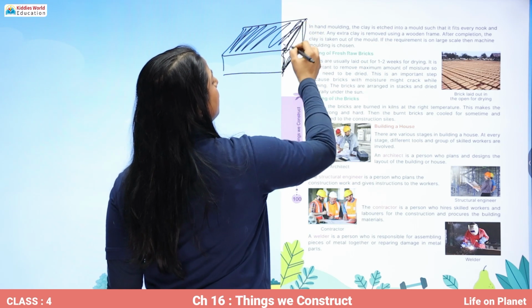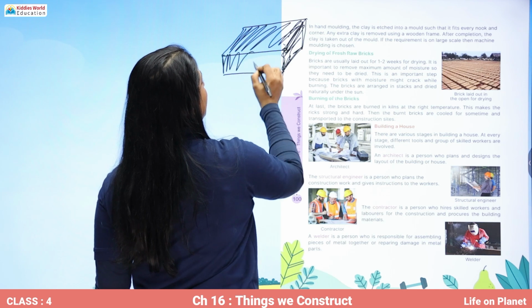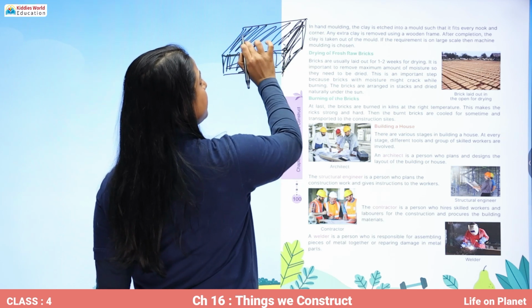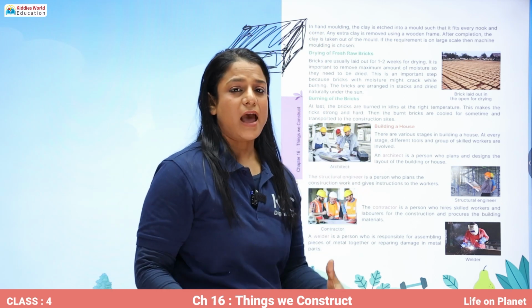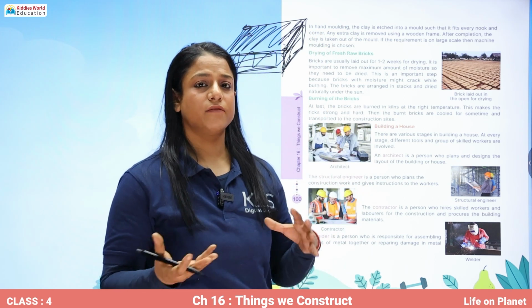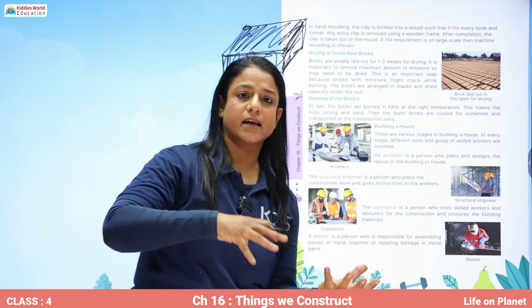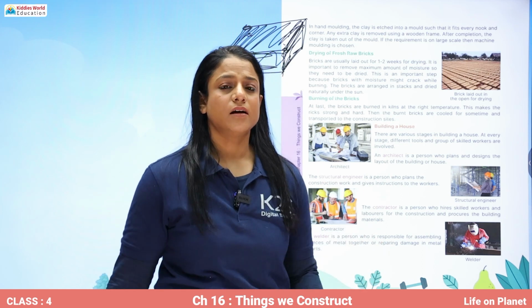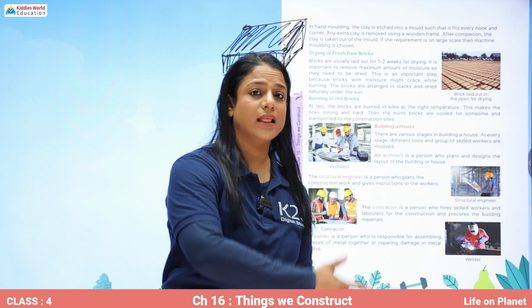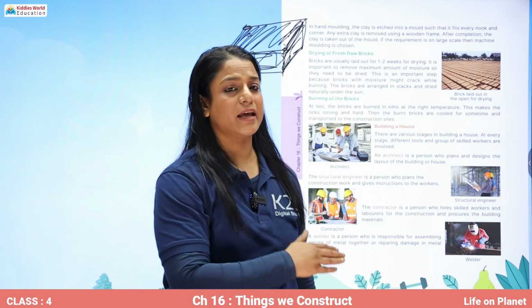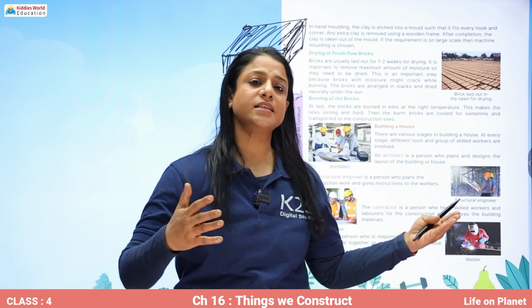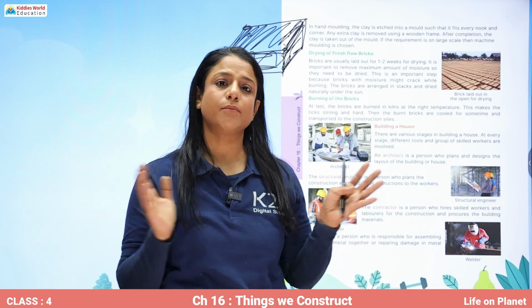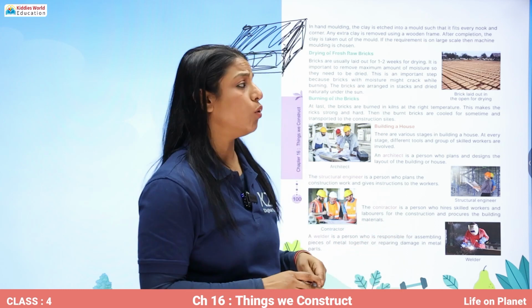Every corner is being filled with clay properly, and if clay is extra, it is being removed from above, and then when the shape is given, it is demolded, it is taken out from the mold, and then it is kept for drying. If one has to produce a large number of bricks, then it cannot be done by human hands. Machines are required to fill the molds with the dough.